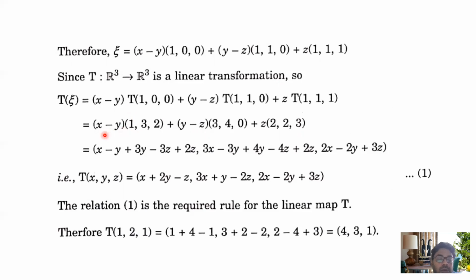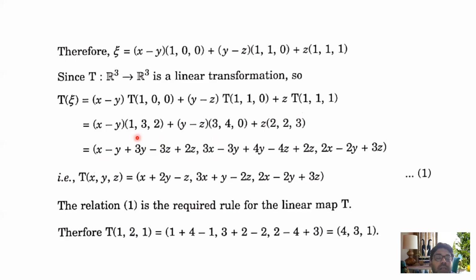Now let's check component-wise. First component: (x minus y) into 1, that is x minus y; 3 into (y minus z), that is 3y minus 3z; and 2z. Adding all together, this is the first component.